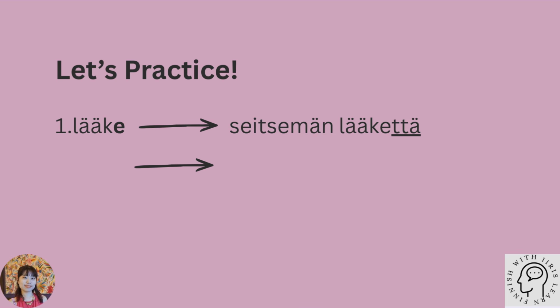The second one is 5 countries. The basic form is maa, which ends with 2 vowels, double A. So we add TA. Therefore, 5 countries is 5 maata.